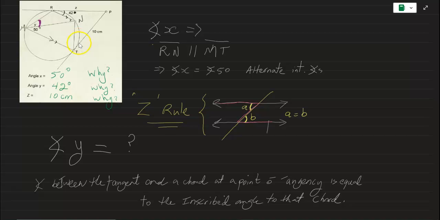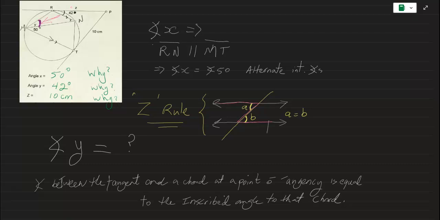The theorem says that the angle between the tangent line and the chord at the point of tangency is equal to the opposite inscribed angle to that chord. Well, this angle is the opposite inscribed angle to this chord. You see that? Right there.